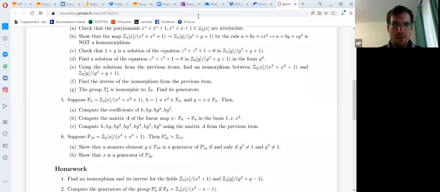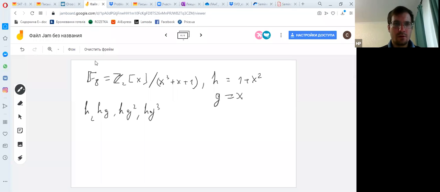We know that H equals 1 plus x squared. So now let us compute the coefficients of Hg. What is Hg? Hg is x to the third plus x.